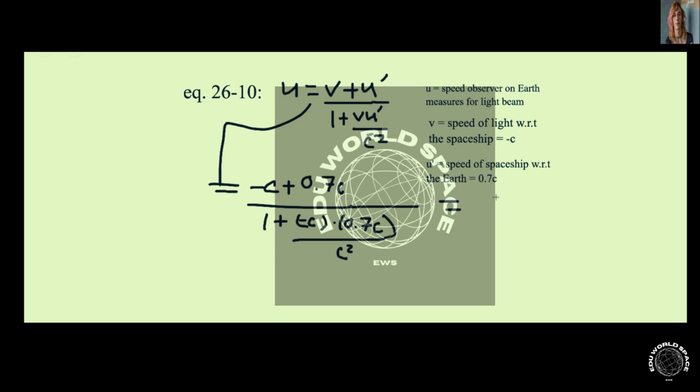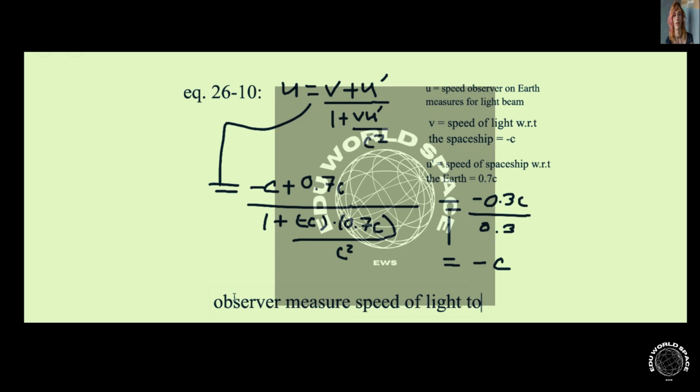And you end up with something that looks like negative 0.3 c over 0.3. This gives you negative c. So what this means is that your observer will measure the speed of light to be c, moving towards Earth. And that's it.